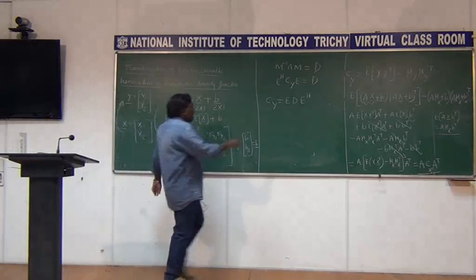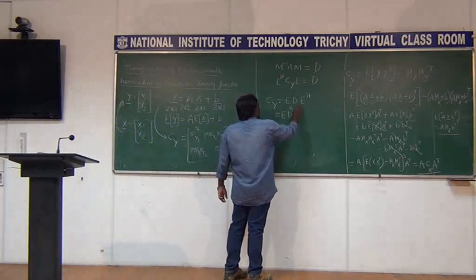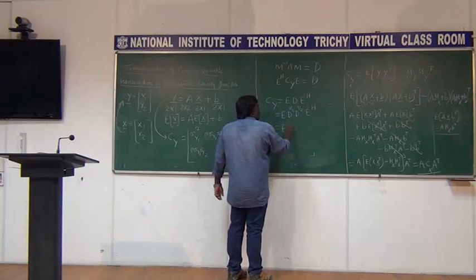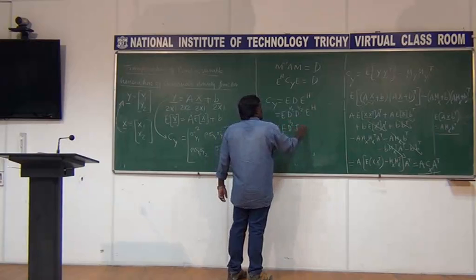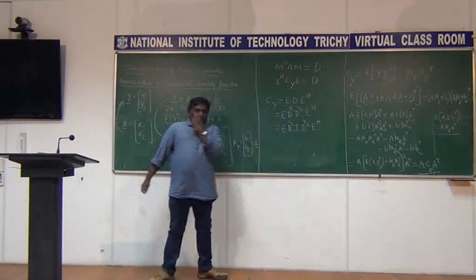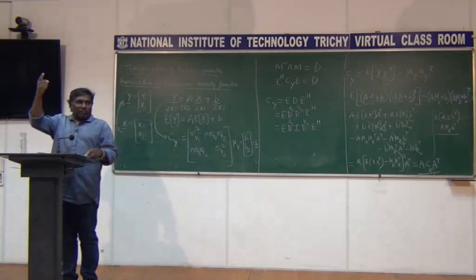Then I can write it as E D power of half, I, D power of half, E H. It is interesting that I am taking D power of half.